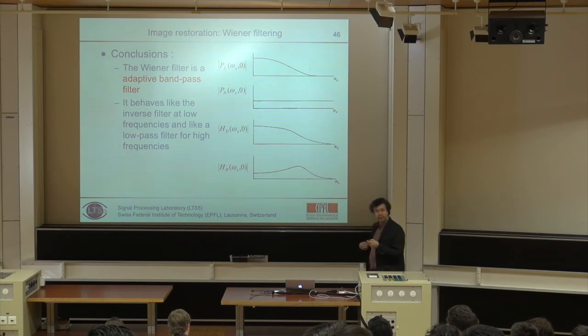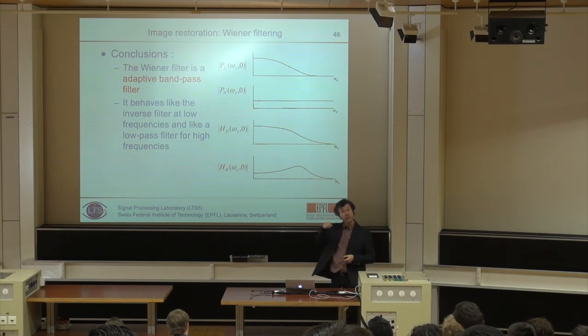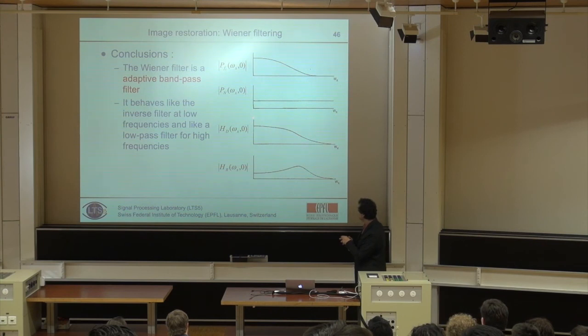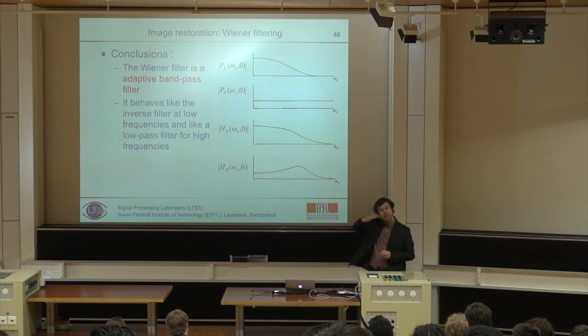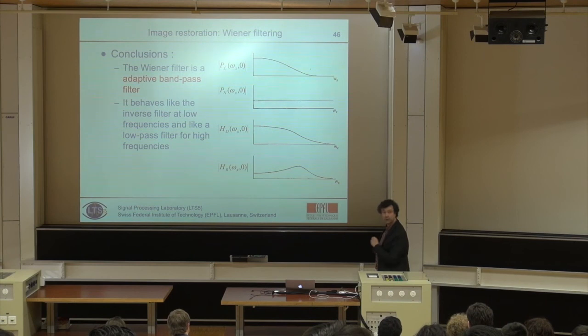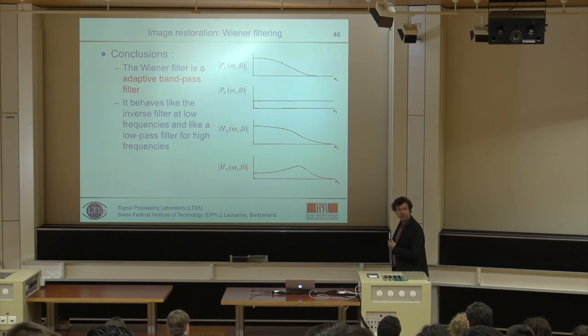So obviously, for that frequency, it's probably a good idea to do the inverse filter. If the degradation filter was that one, around those frequencies, it's a good idea to have a shape like we have seen before, a restoration filter, the inverse of that. And for all those ranges of frequencies here, obviously the power of the image is higher than the power of the noise. So for all those frequencies, it has a shape like the inverse filter.